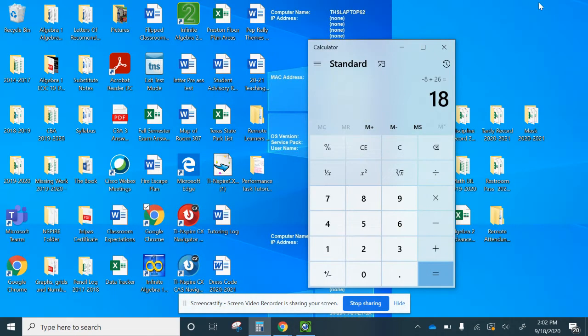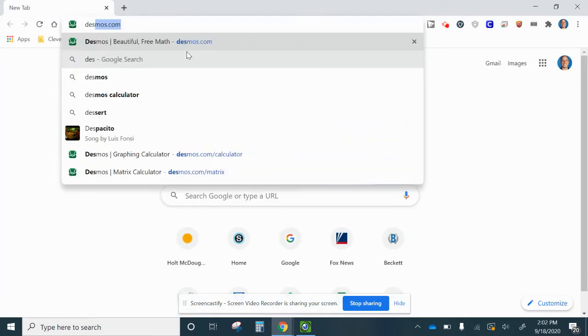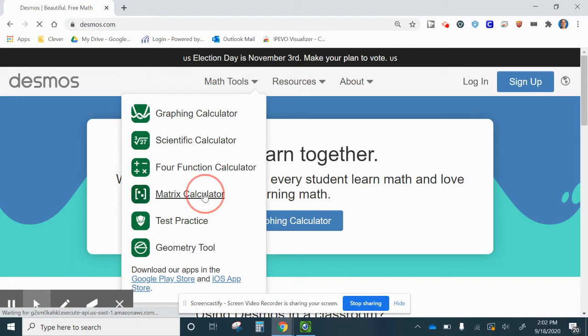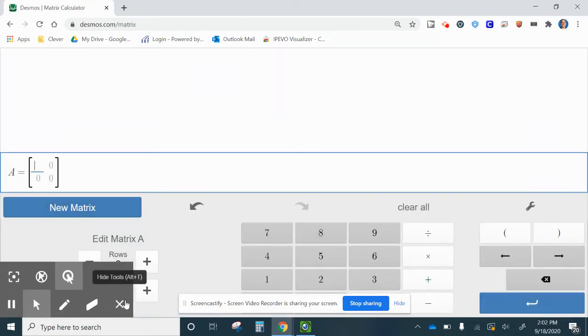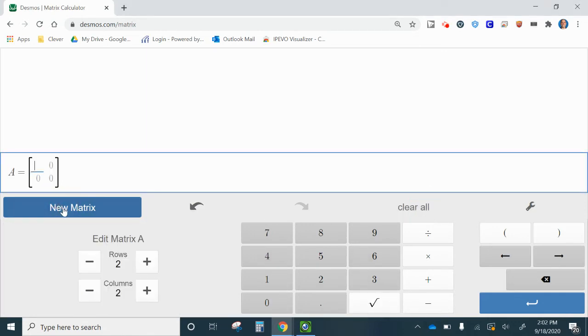So let me clear that and try it again. New matrix. It's a 3 by 3. So 4, 1, -2, 2, -3, 3, 1, -2, 0. Press enter.